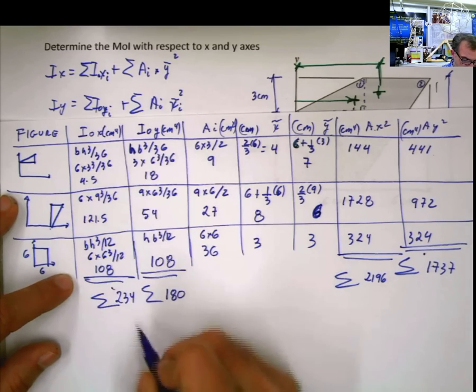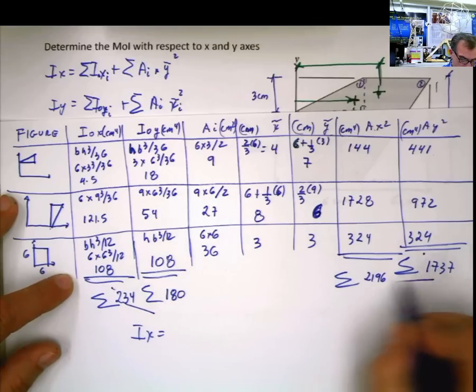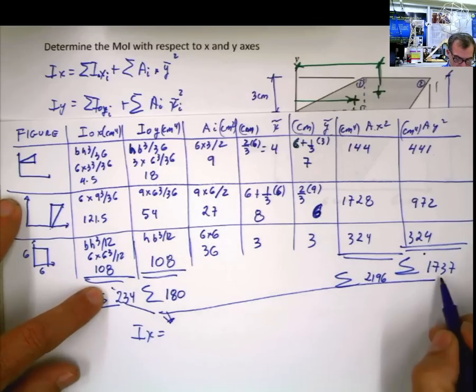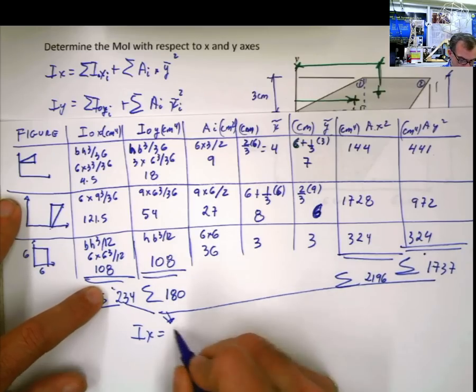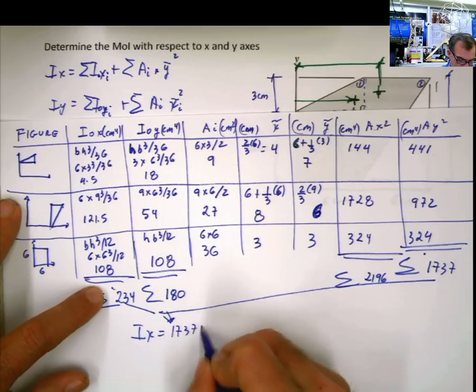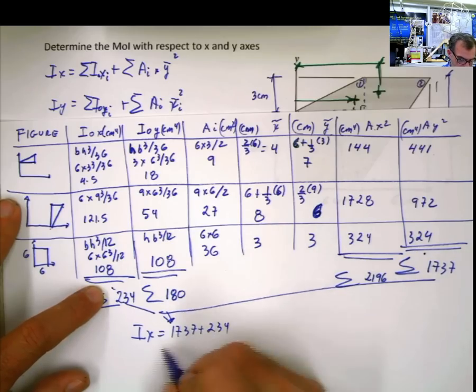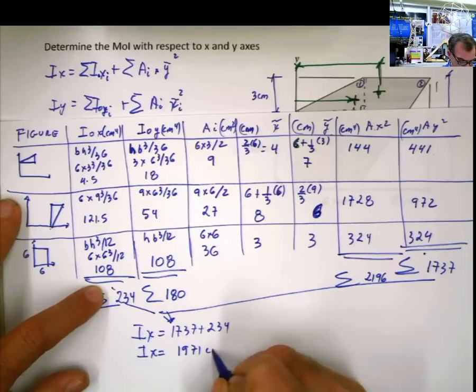I sub x then is going to be this plus this. I sub 0x plus summation of A y squared, which is 1737 plus 234. I sub x is equal to 1971 centimeters to the fourth.